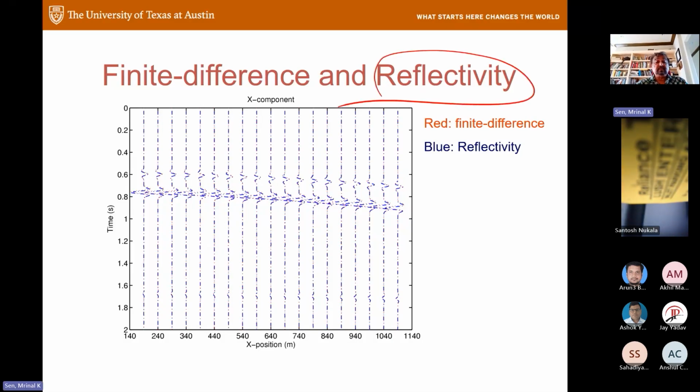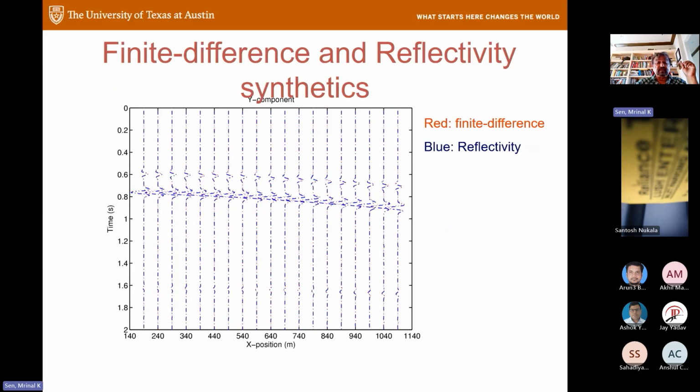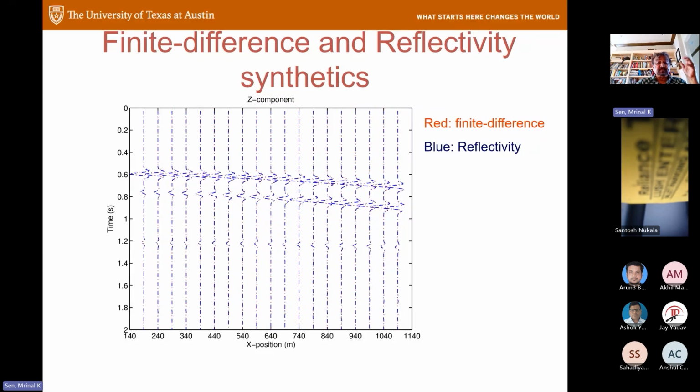If you look at the comparison here, this is for a simply layered medium. Red is finite difference and blue is reflectivity, and this is a super good match. If you look at the Y component, it's the same. Then you have the Z components. They're also matching really well.